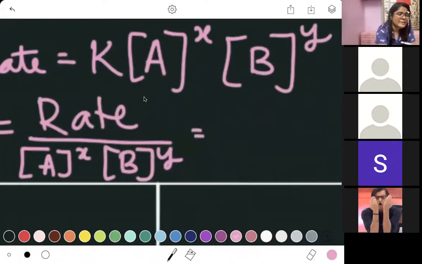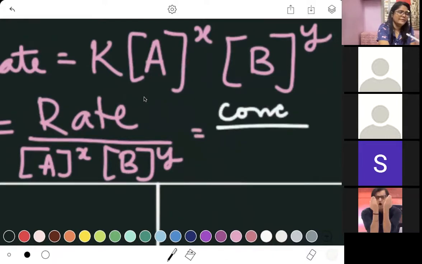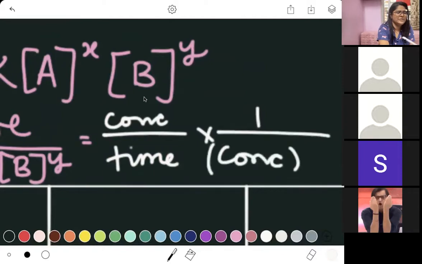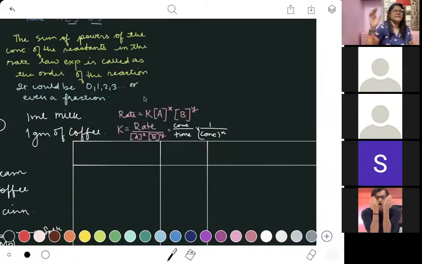This could also be rewritten as concentration divided by time, multiplied by 1 divided by whatever concentration you have. Whatever concentration you have with you will give you this particular equation.